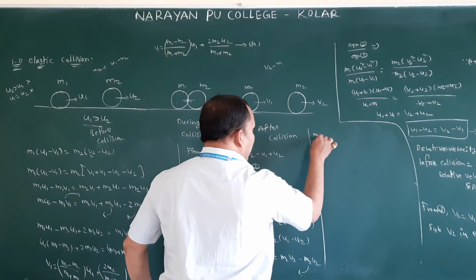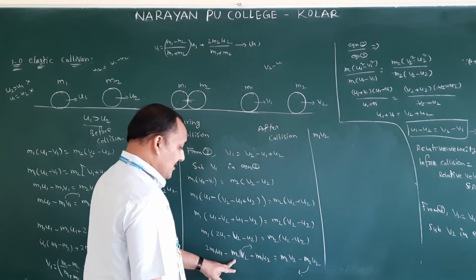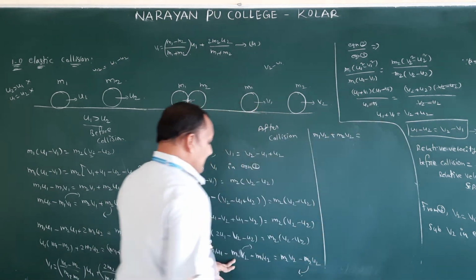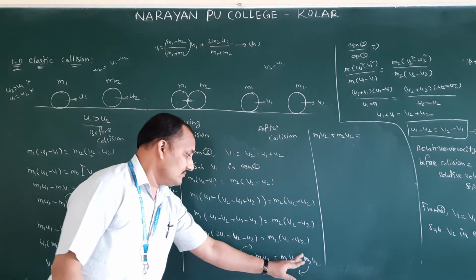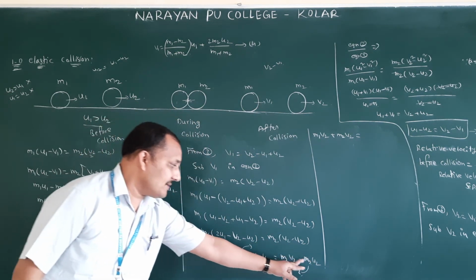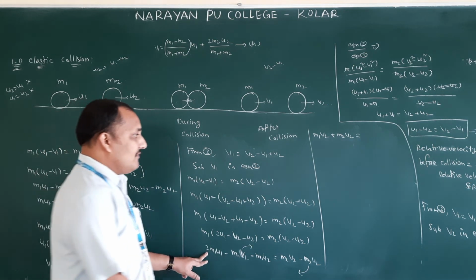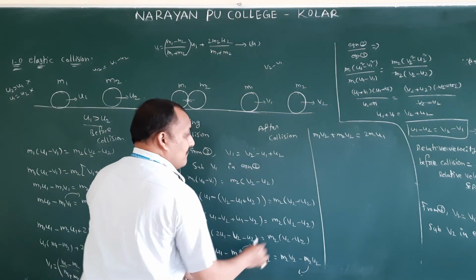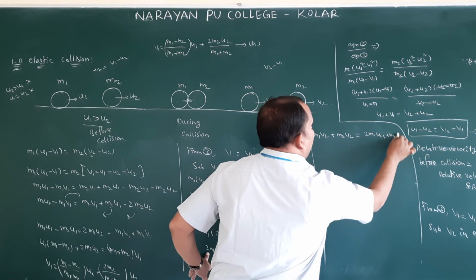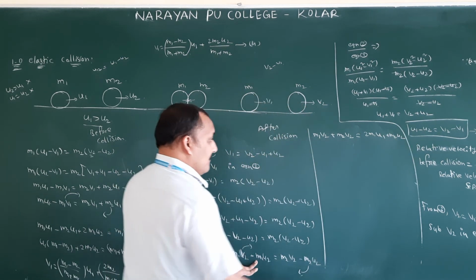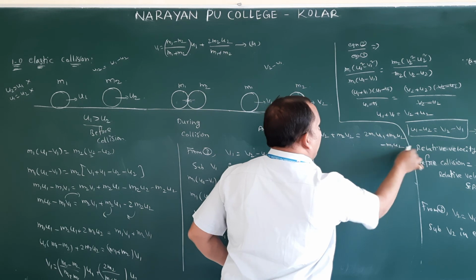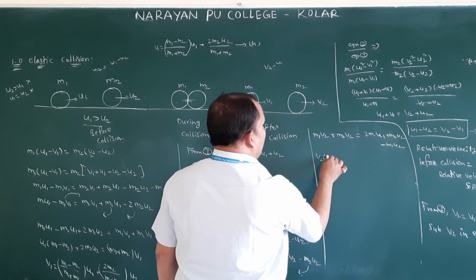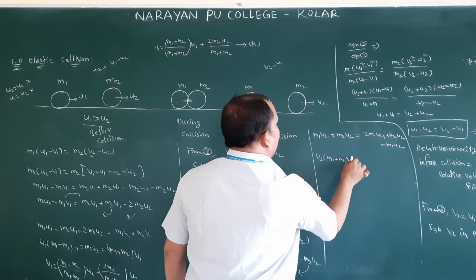So this minus m1 v2 will be going, then it will become m1 v2 plus m2 v2. This is going that side. Next, this minus m2 u2 is coming this side. 2m1 u1 plus m2 u2 minus m1 u2. Correct only? Then v2 is common, v2 is common means m1 plus m2.